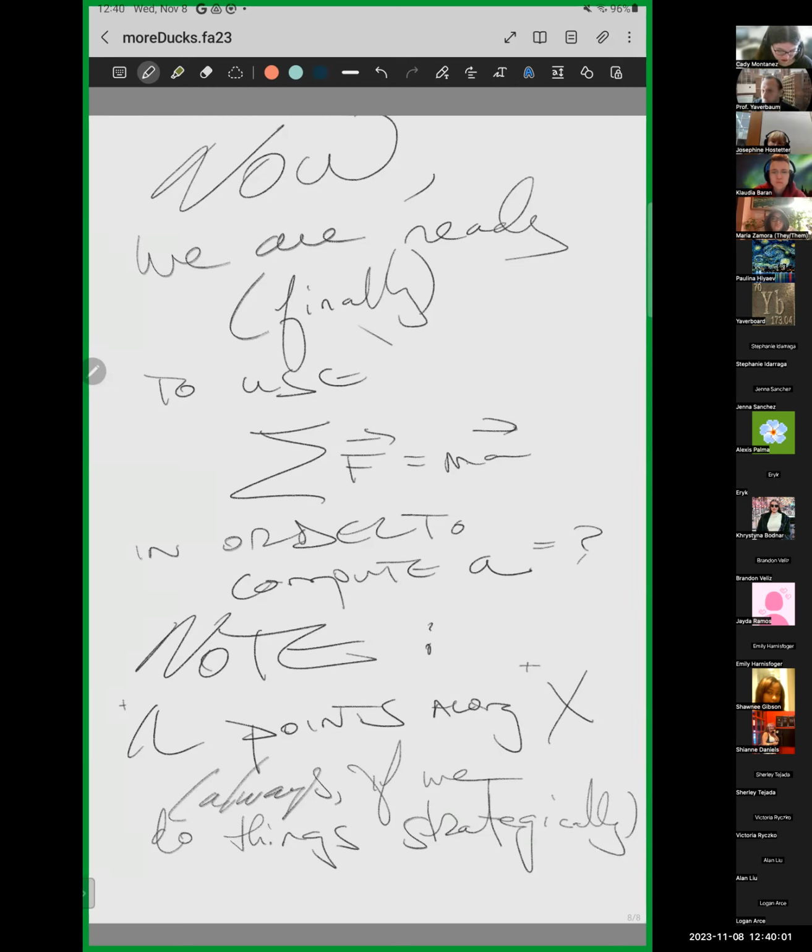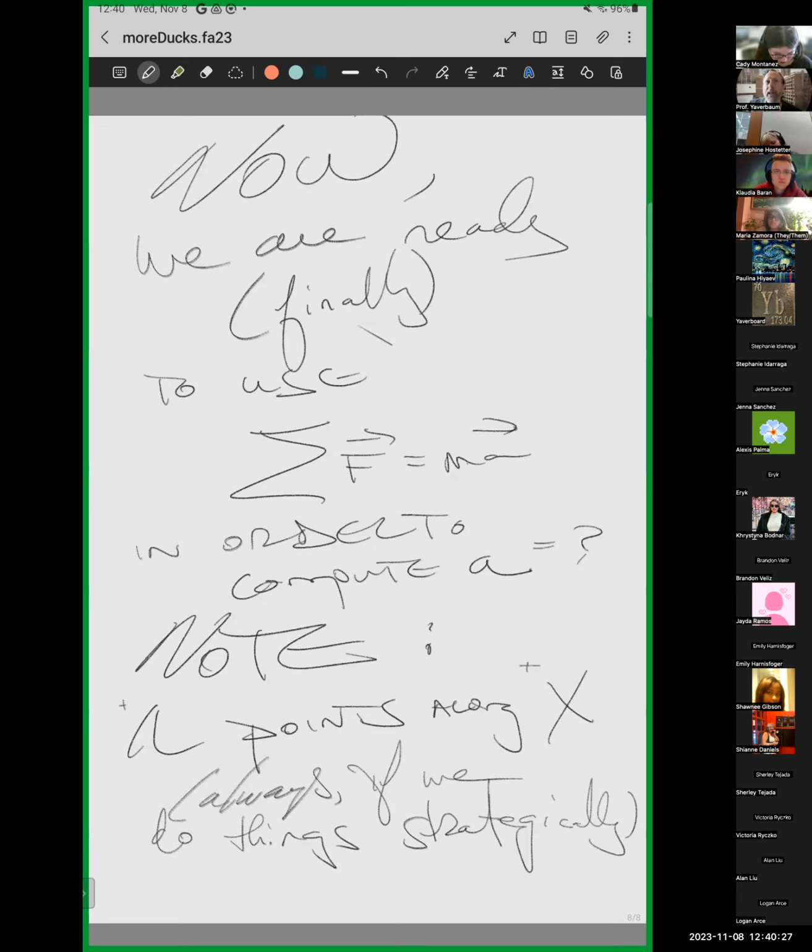If we chose our coordinate system strategically, then A will always point along the x-axis. We chose the x-axis for that to be the case. Now I'm talking strategy. There are other ways you could do this, but since we're going to do equations along two axes, I strategically recommend that we always start with the y-axis.